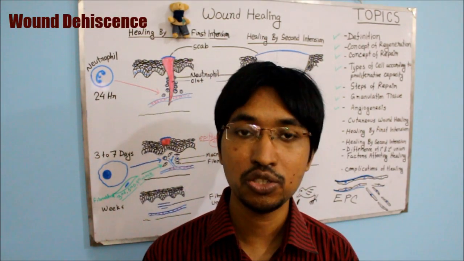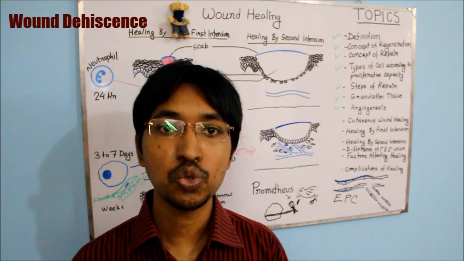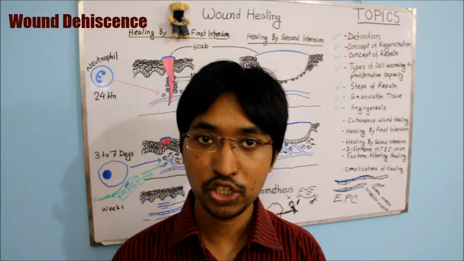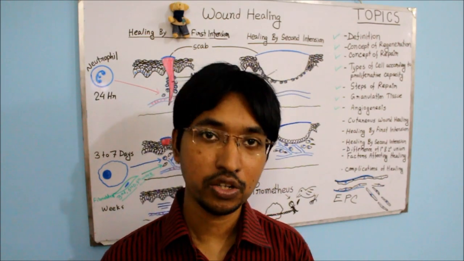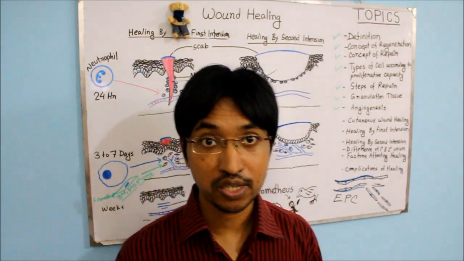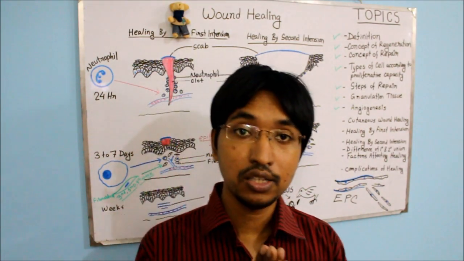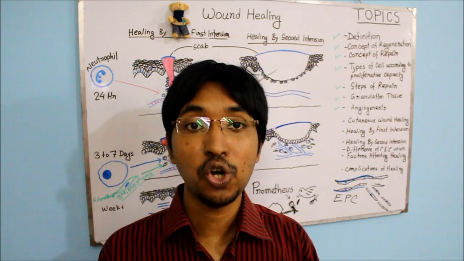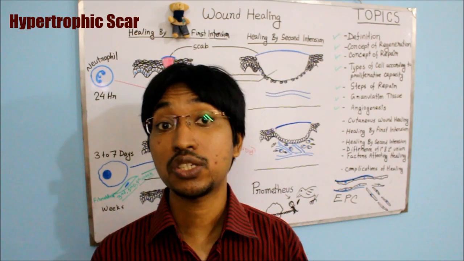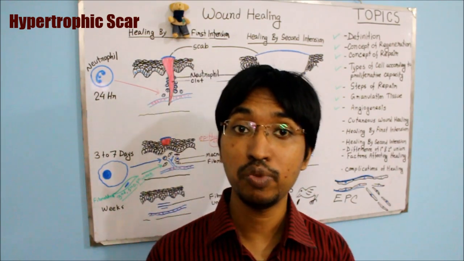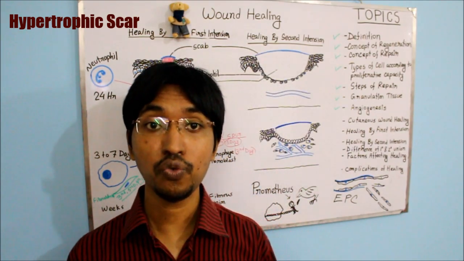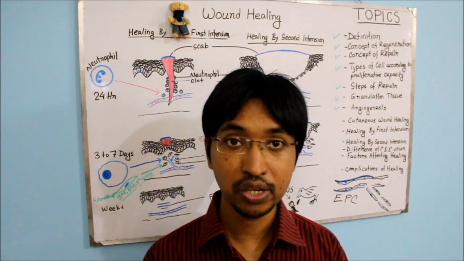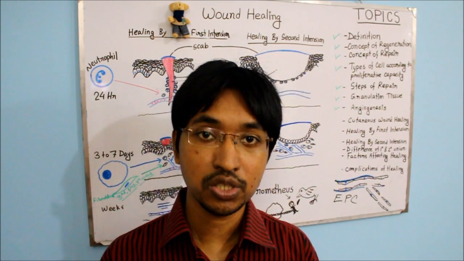Similarly, some complications of wound healing may arise due to excessive formation of granulation tissue and collagen. Say for example, when there is excessive formation of collagen, the wound may give a raised appearance, and that is known as hypertrophic scar. So hypertrophic scar will be formed due to excessive amount of collagen production, and that will be raised from the surface.